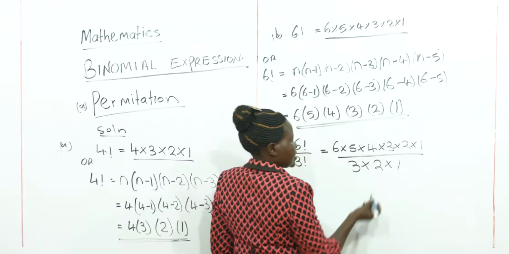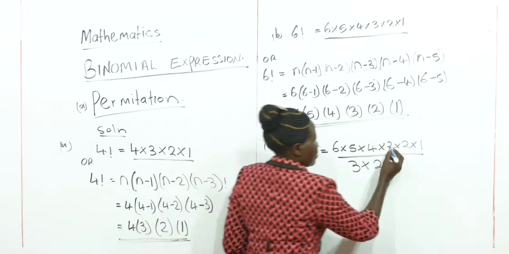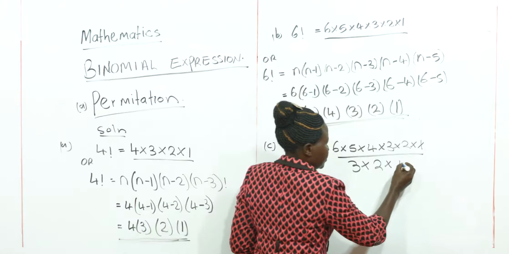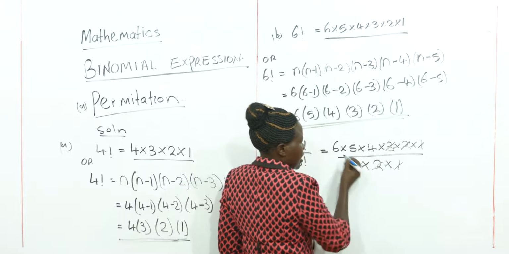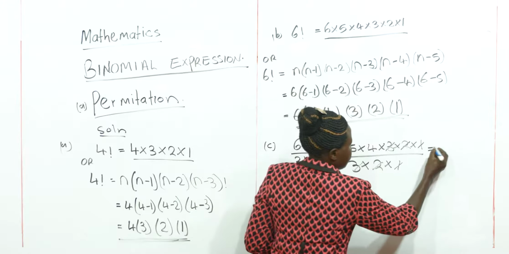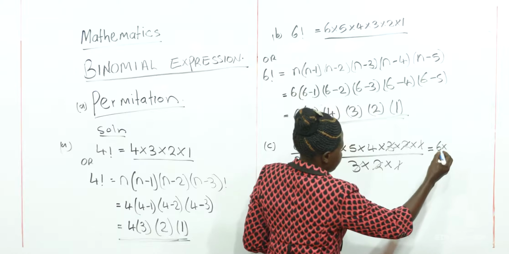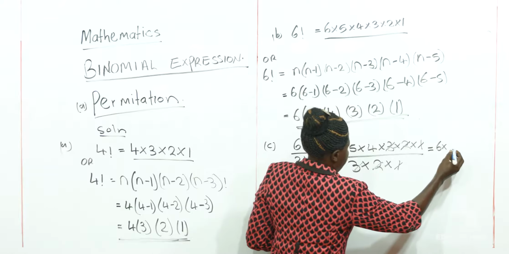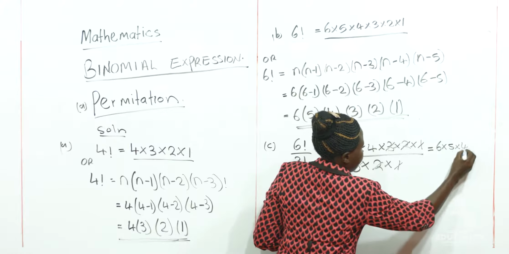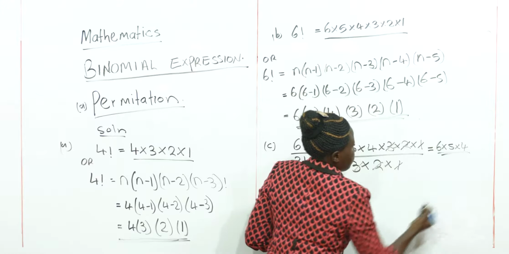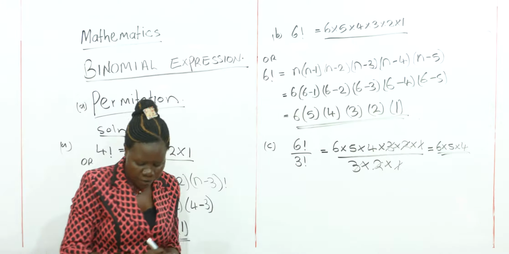Then for us to eliminate the division, we cancel 1 with this 1, 2 with this 2, 3 with this 3, and then we remain with only 6 by 5, and then by 4.